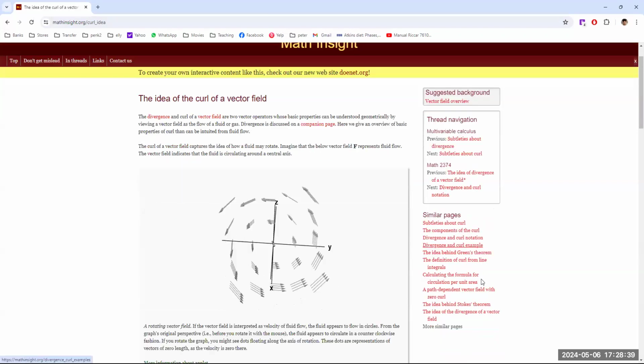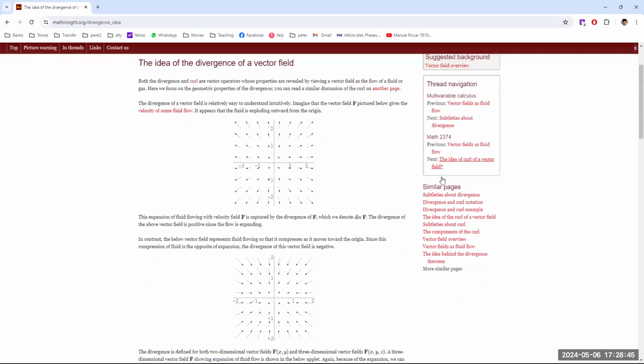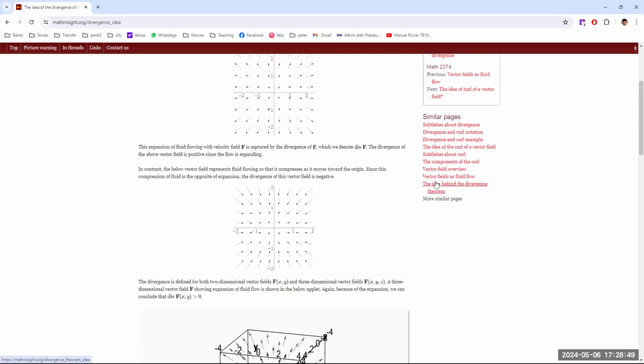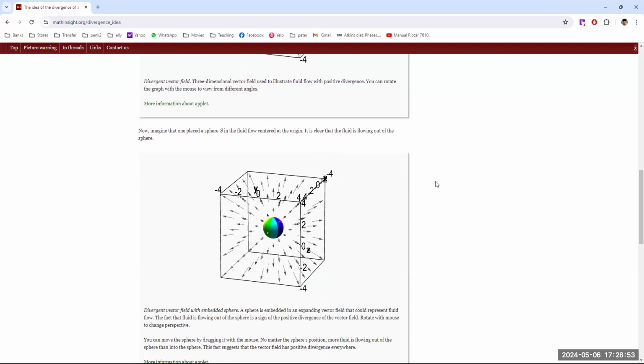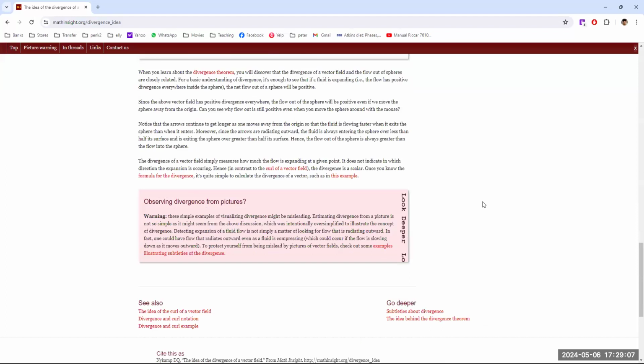Let me see. There must be some divergence. How about divergence? Divergence tells us if something will be expanding or shrinking. If you see this vector field here at that ball, notice that the vector field around that ball will make that ball expand.